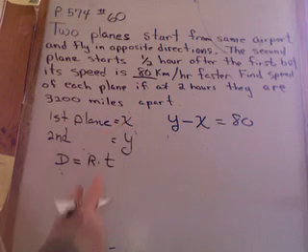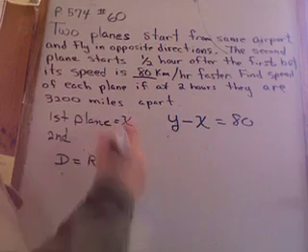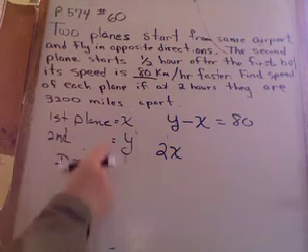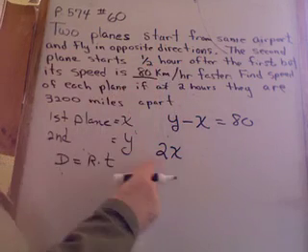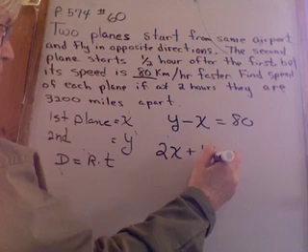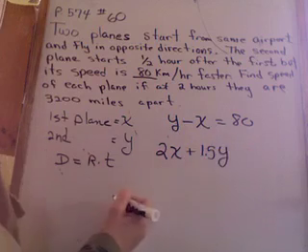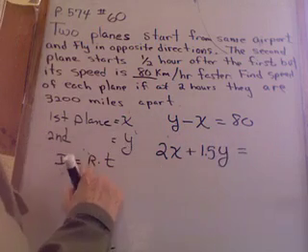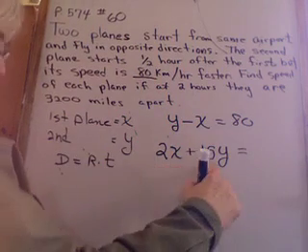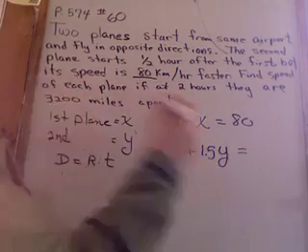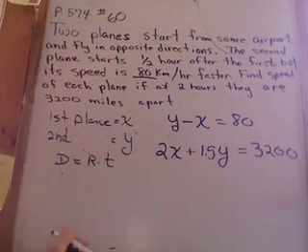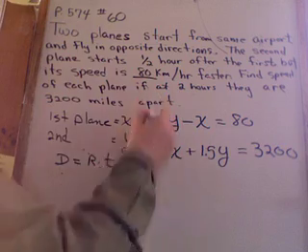So the first plane had a time of 2 hours, so 2 times x. The second plane, half an hour after the first, 1.5 hours times its rate. And if I add the rate times time of the first one, that's distance for the first plane, plus the distance for the second plane, it should equal 3,200. And there I have a nice system to solve.